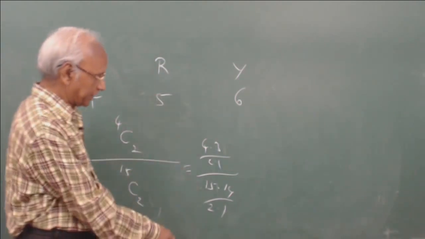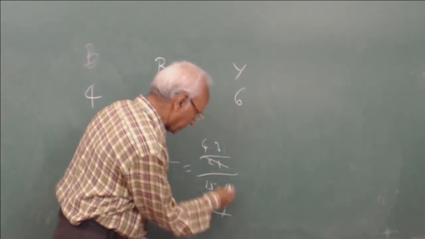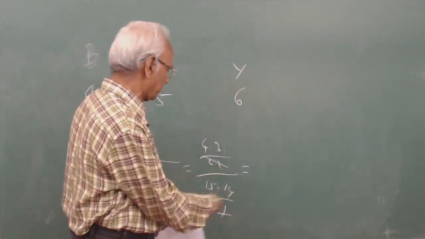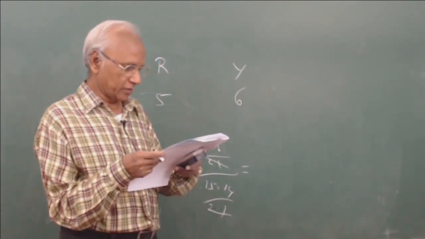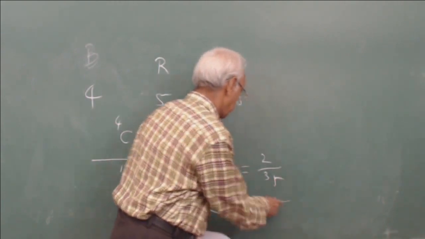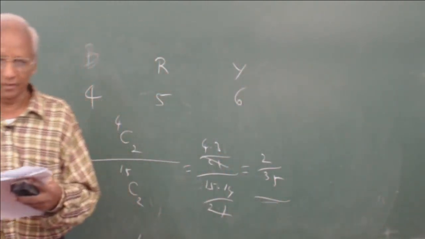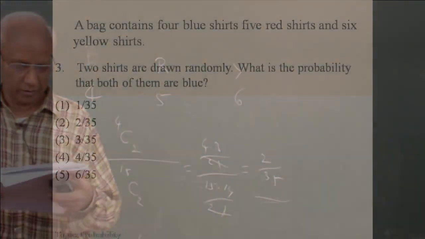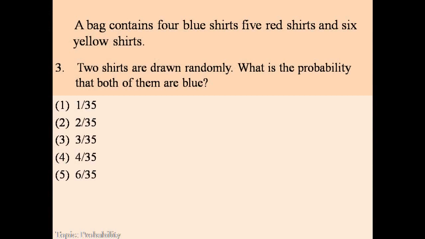You can cancel this denominator and this denominator and write it as 4 into 3 divided by 15 into 14. That simply works out to be 2 by 35. That is choice 2.